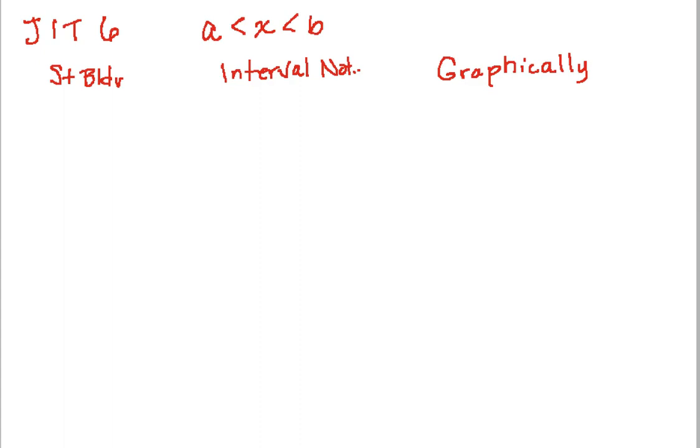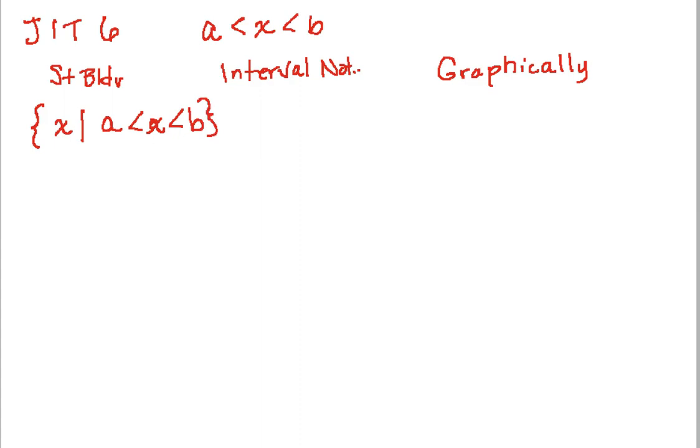So in this case we have A less than B, and it's less than X. So our X is in between A and B. The way we write it in set builder notation is we put it in curly brackets, which a friend of mine calls Hitchcocks. So we say X such that, and this line up and down means such that, A is less than X, which is less than B. And then we close that bracket.